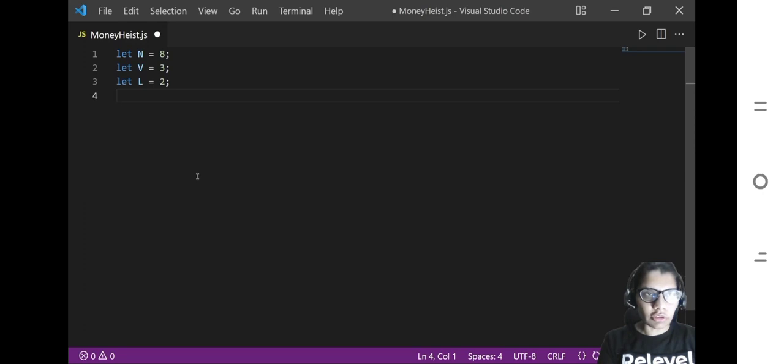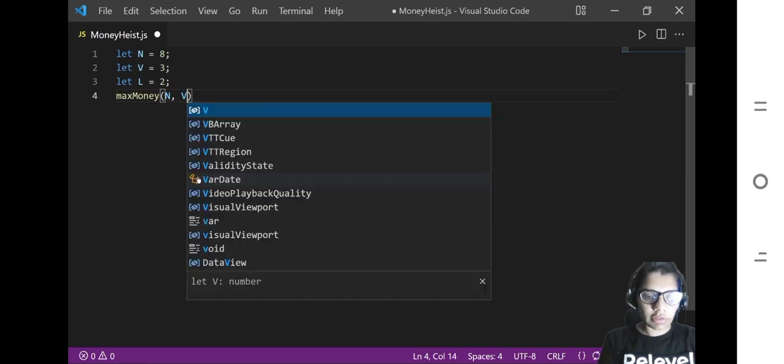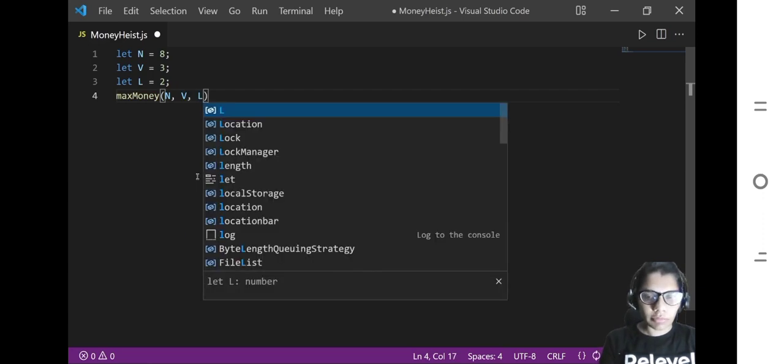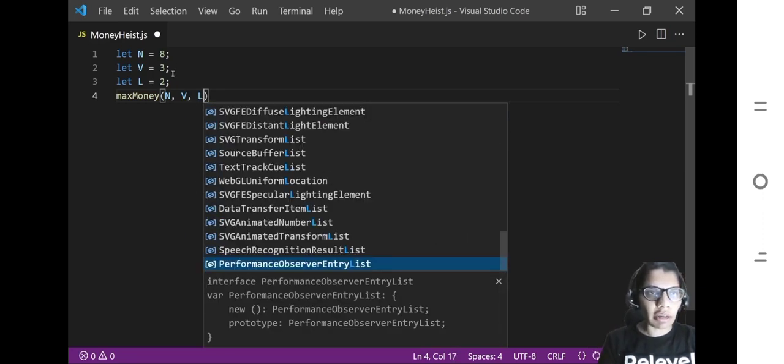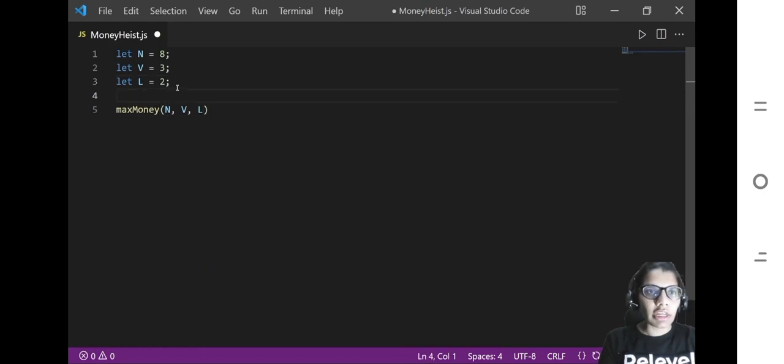Now let's make a function and let's call it. So let's say we are making the function as maximum money that we can get, and we are passing our n, p, l to it. Apart from that, we would also be having a speed array in which we would be having the speed of all the minions.